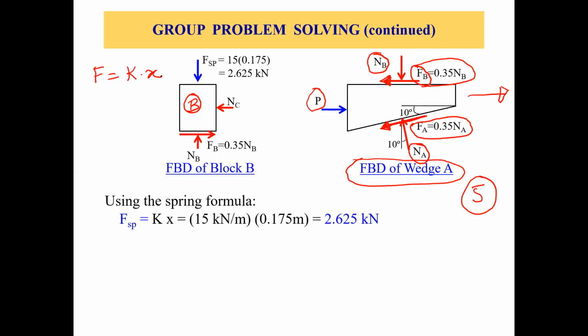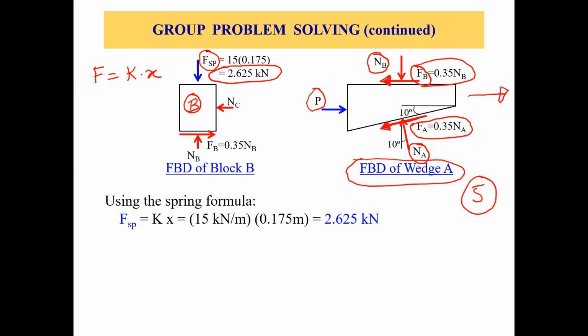We multiply the spring constant, 15, times 0.175, the compression in the spring, which gives us 2.625 kilonewtons as the spring force acting downwards on top of block B. Let's call this F SP, the force due to the spring. So we are done with the top surface of block B.